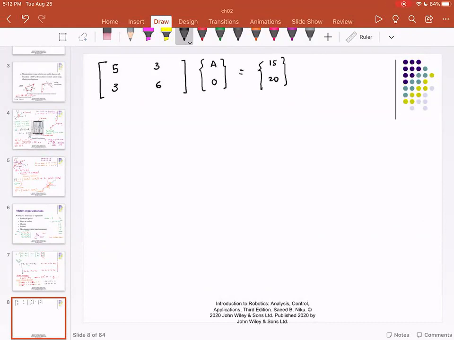So the expression is now expressed as a matrix and a vector expression.